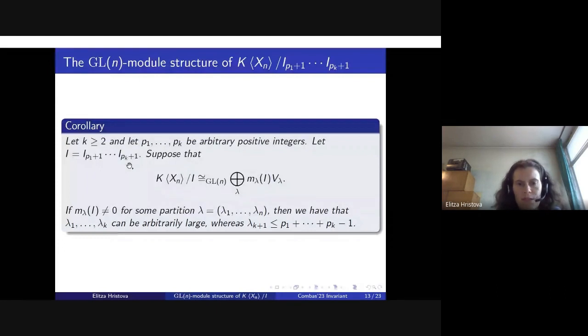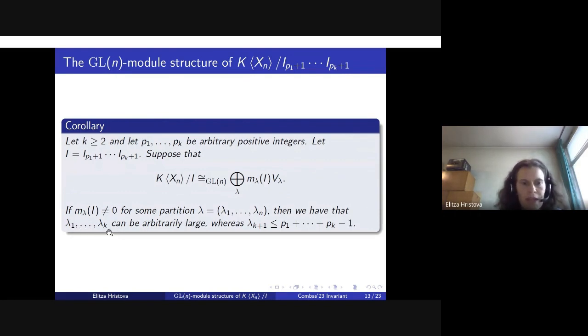And this is the exact statement: if we write down the decomposition as a GL_n module, then an irreducible GL_n module will appear with non-zero multiplicity in this decomposition if and only if we have the following restrictions on the partition lambda.